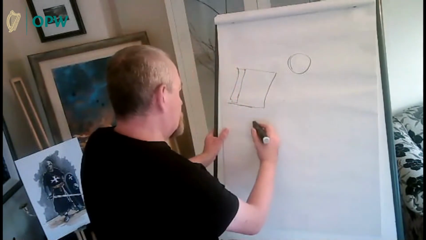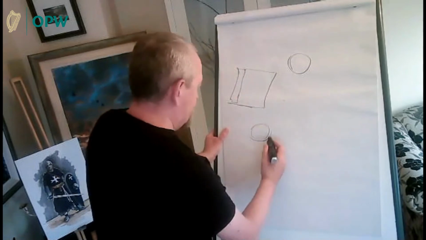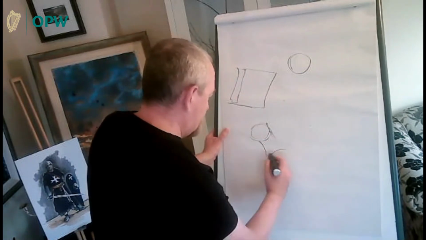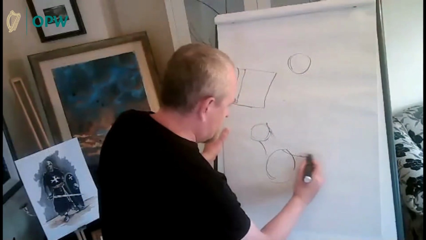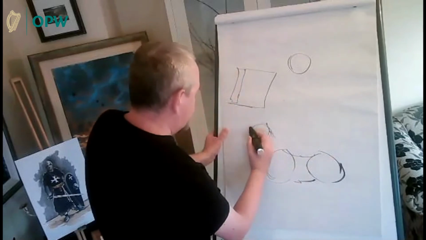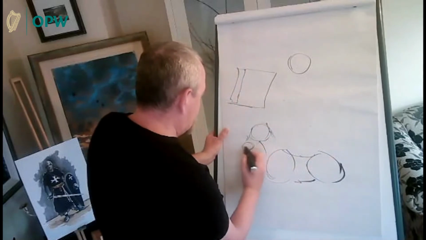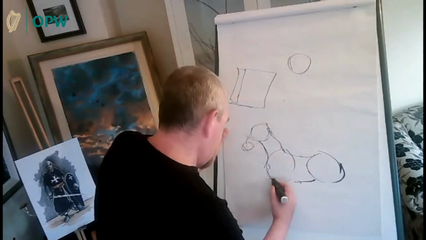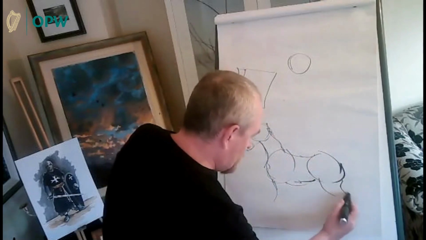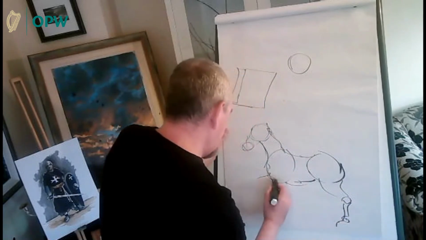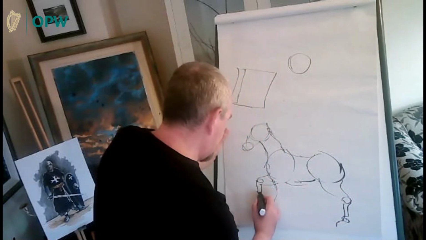So what a rough drawing might look like is, if we think about a horse, we start with a circle, another circle, and another circle. Add another circle there. Circle.